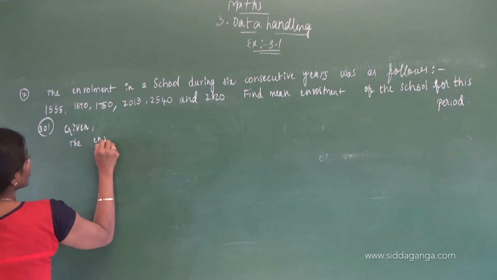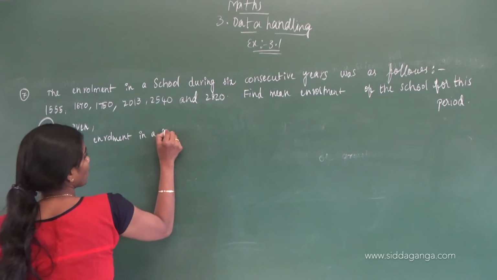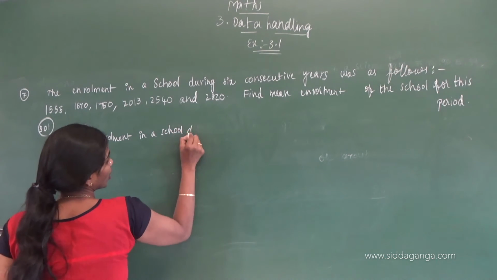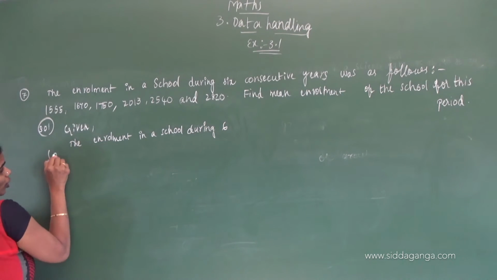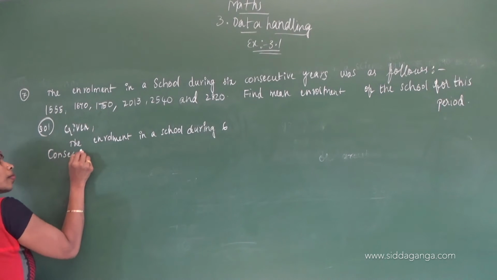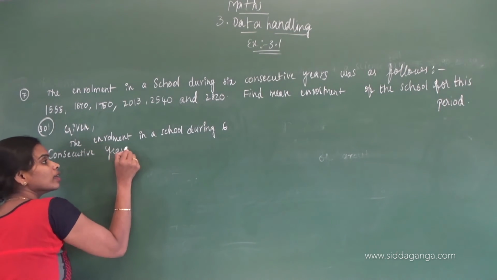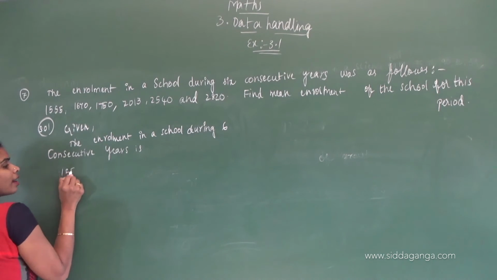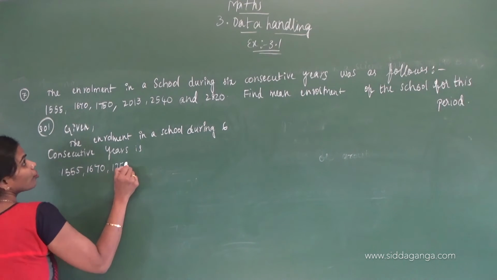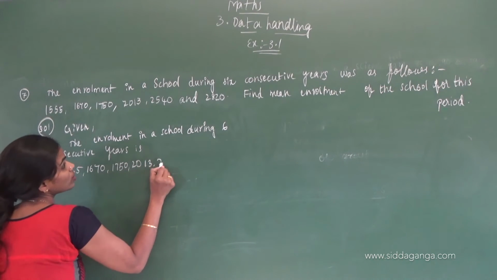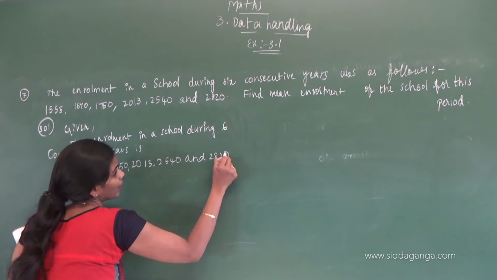The enrollment in a school during 6 consecutive years as follows: 1555, 1670, 1750, 2030, 2540 and 2820.